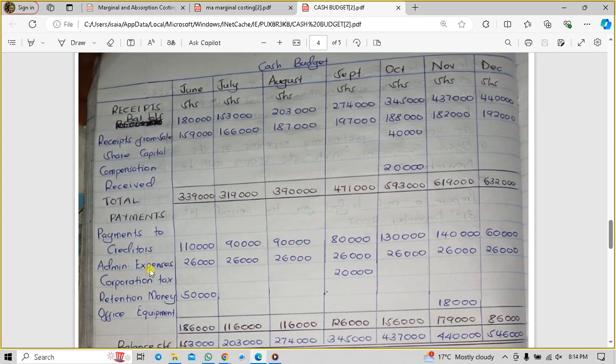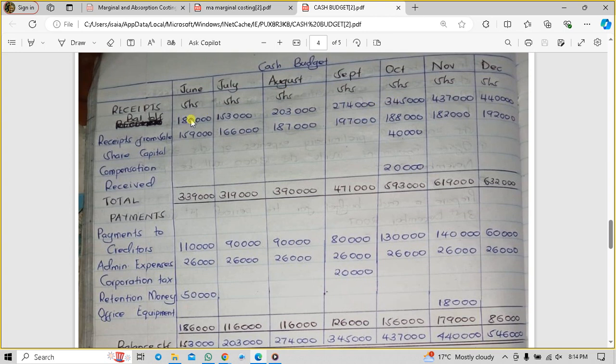The first thing that you start with under receipts is what we call BAL B/F. BAL B/F or B/D means balance brought down. So any balance from the previous month, we are going to record them here.